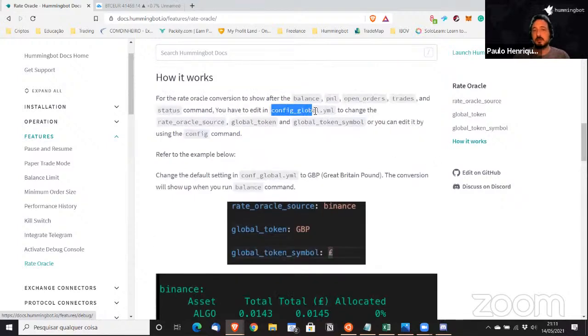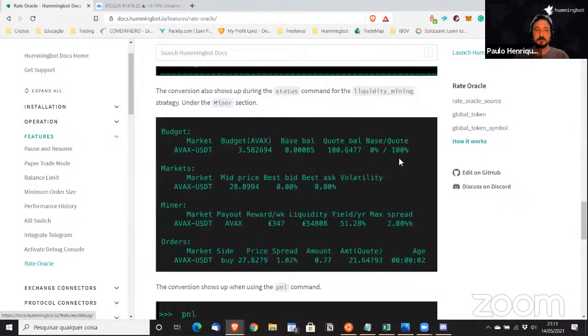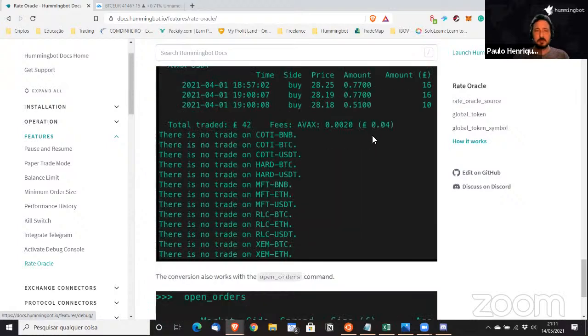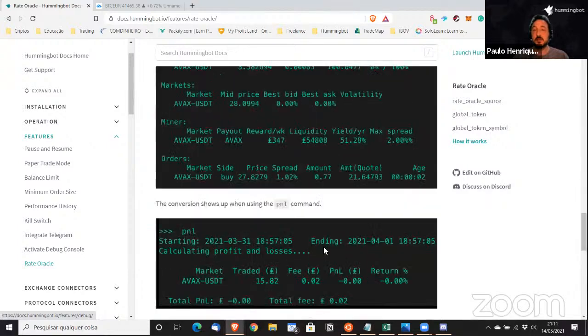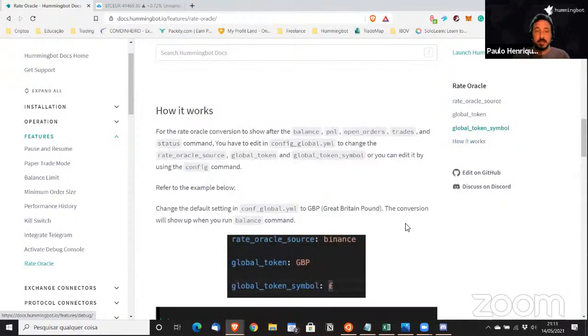Also, by the way, you can always change the conf global.yml file to directly set these configurations, right? And for example, open orders is another command that uses the rate oracle as a conversion, right?